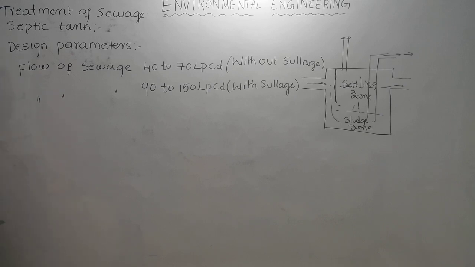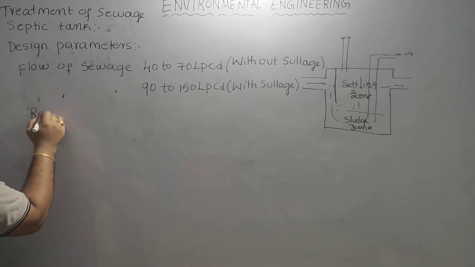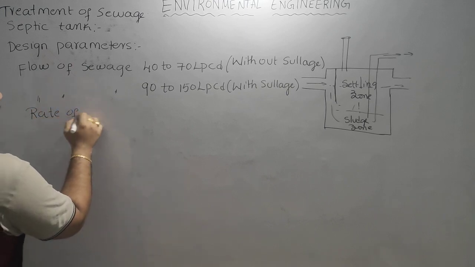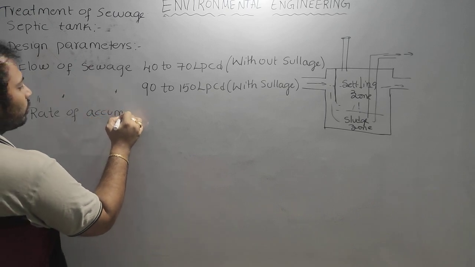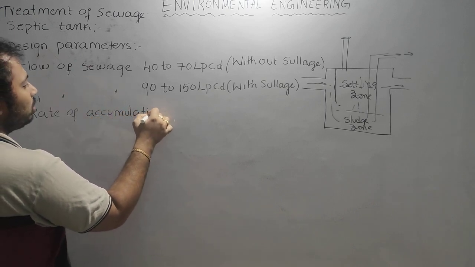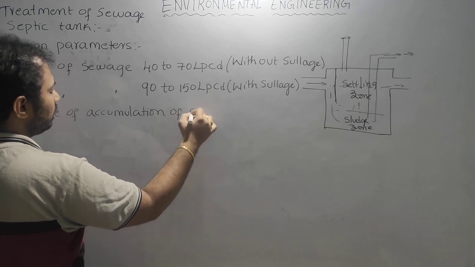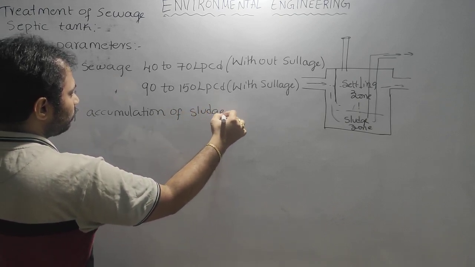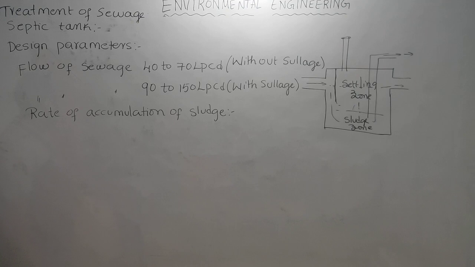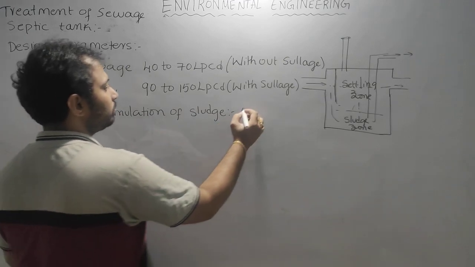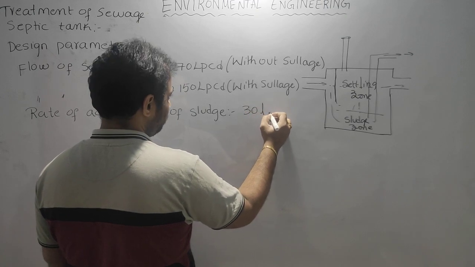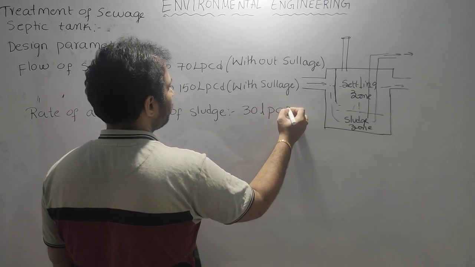Rate of accumulation of sludge: how much sludge will accumulate? The rate of accumulation of sludge is 30 liter per capita per year.